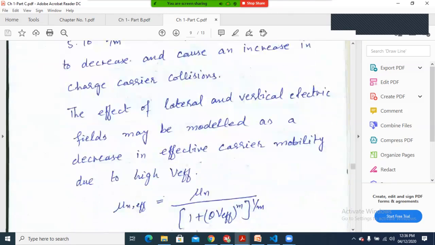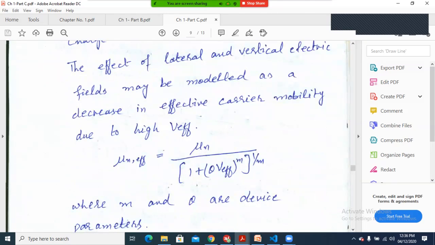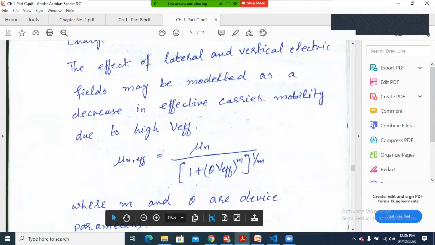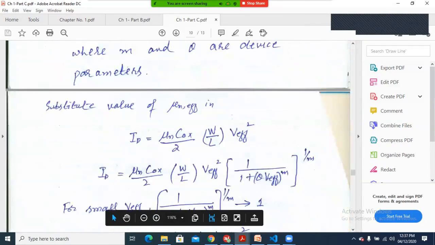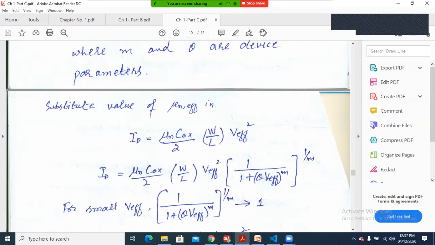The mobility degradation is in fact mu n decreased by the component (1 plus theta VF to the power m) to the power 1 by m. M and theta are device parameters. Now we will substitute the value of theta effective into this equation, and we will get this new value.